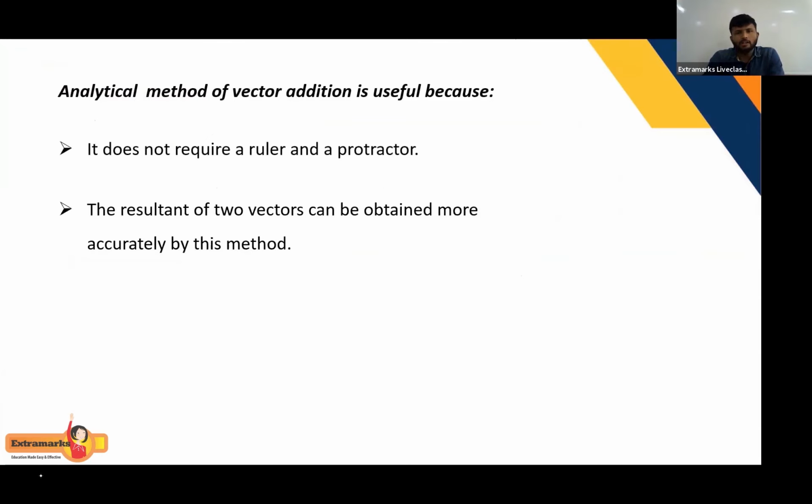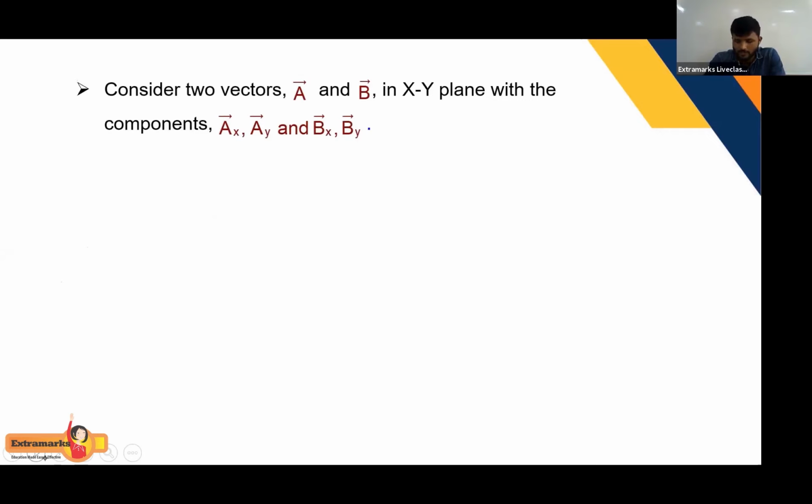Now, assume that there is a vector A and a vector B in the xy plane. I am considering 2D only, 2 dimensions, right? So you know that any vector can be resolved in 2 mutually perpendicular directions when I am resolving in a plane.